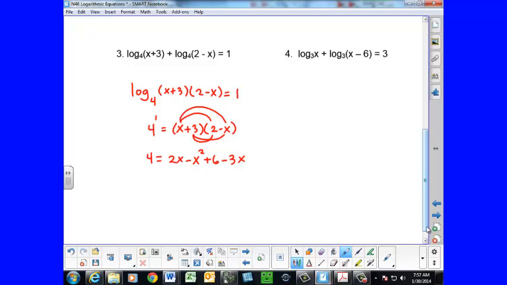Combine like terms, 2x minus 3x is negative x, so we've got negative x squared minus x plus 6. And since it's quadratic, we want to set it equal to 0, so move all the terms over to the left. x squared plus x, and then 4 minus 6 is negative 2.